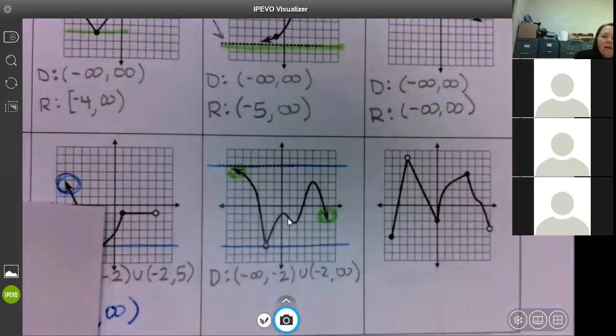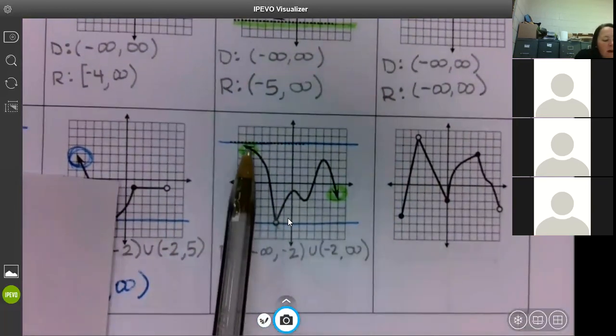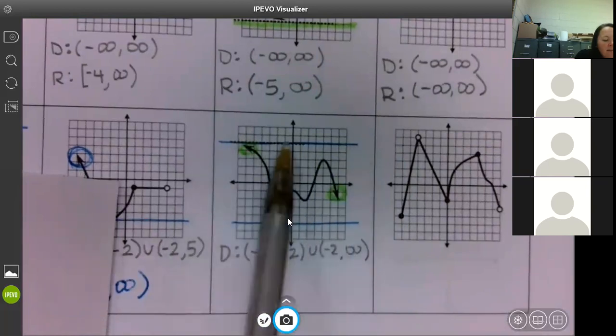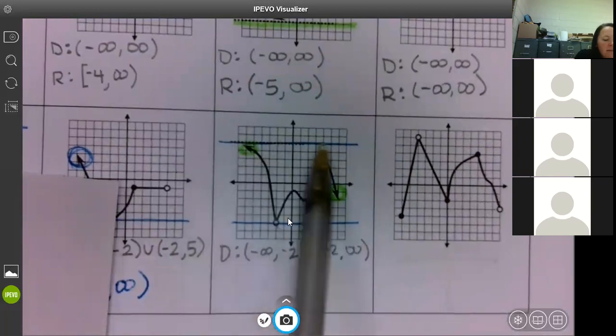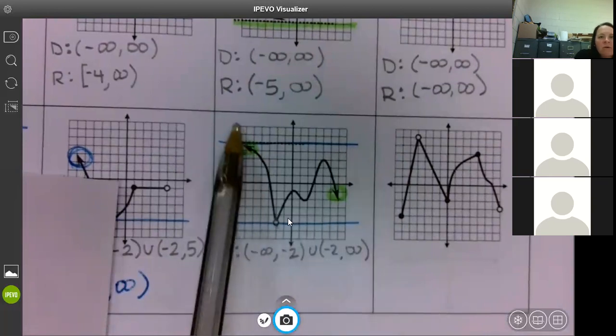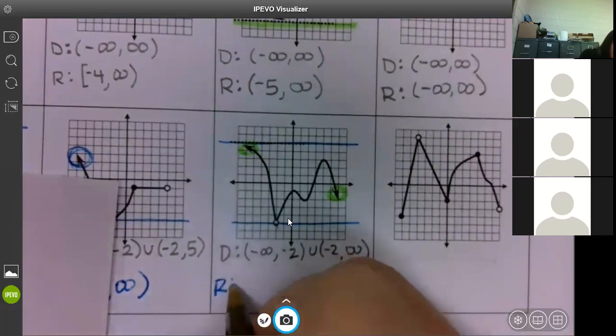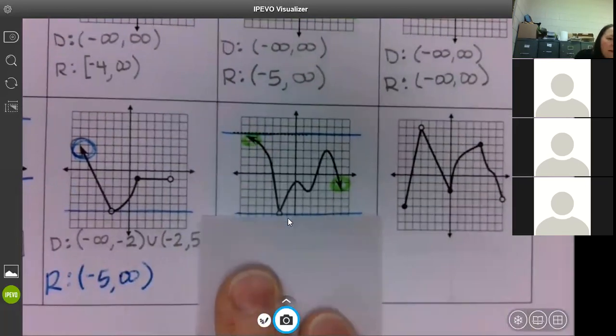Bottom to top right here. Be careful of this one, even though it has an arrow, it has an asymptote. That little dotted line tells you that it's bound right there, okay? If it didn't have that line, we would make sure that as we went up, it was all the way to infinity. So our range, what is our lowest point?